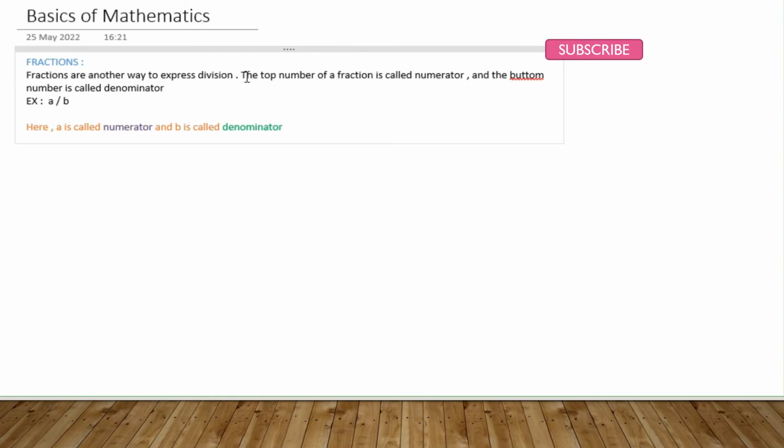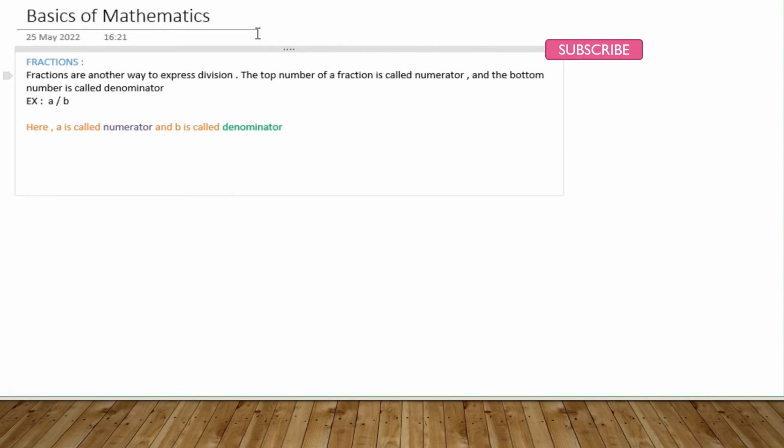Okay, I hope you understand the definition very well. I'm going to next. Sorry, here is some spelling mistake. Bottom. Okay.